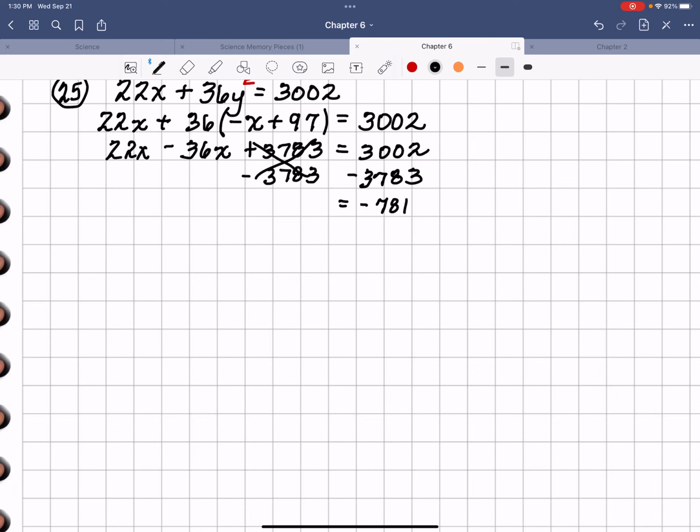And over here we have 22x minus 36x, and that's going to be negative 14x equals negative 781. So we're about to deal with that negative right here. 781 divided by 14. Ooh, something is not right here. Let me check my work.